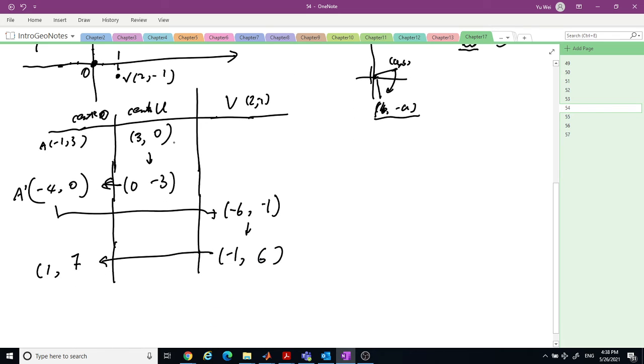If it's (2, -1), then we need to add 1, so we keep the plus 1 and the plus 6. Then with this plus 1, we take out 2, which is the negative 1, and this is the 6.